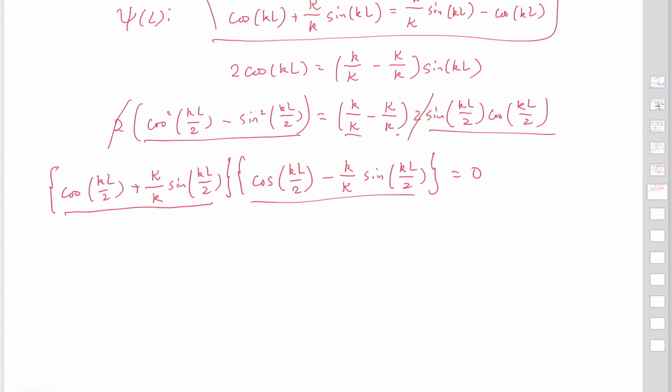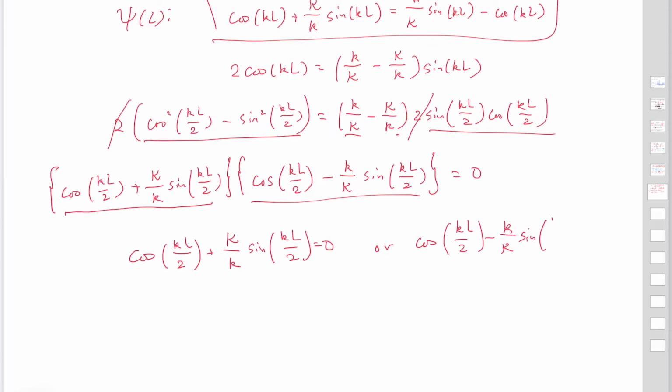Either this is equal to 0 or this is equal to 0. So either cosine kL over 2 plus kappa over k sine kL over 2 equals 0, or cosine kL over 2 minus k over kappa sine kL over 2 equals 0. So you have two choices.